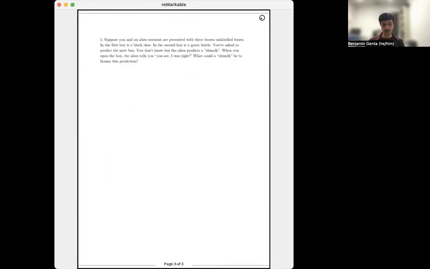Okay, so this is the last problem I'm going to go over. And so suppose you and an alien scientist are presented, right? You're walking around the forest and you're presented with three brown unlabeled boxes. In the first box, right, you might say, in box 1, you see that there's a shoe, a black shoe, right, when you open it.